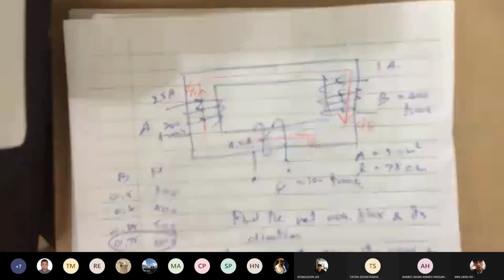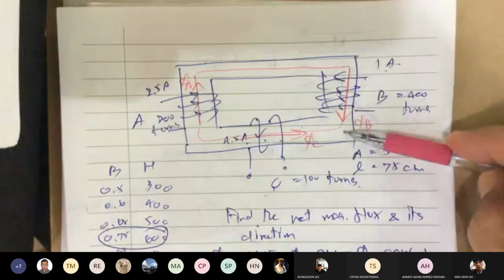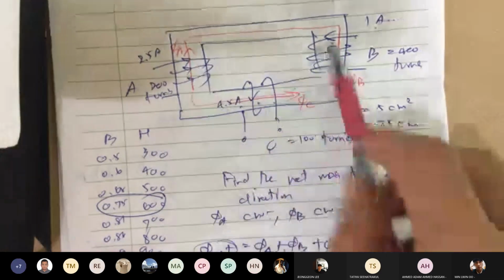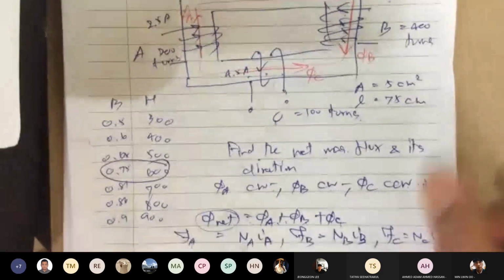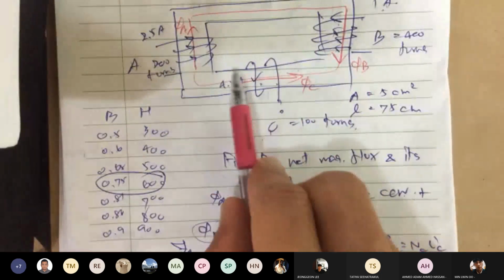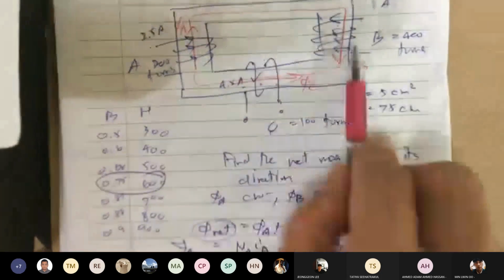C opposes those two, counterclockwise direction, so it has to be subtracted from these two. In this case, we assume clockwise to be negative, counterclockwise positive. That's why we get a negative.